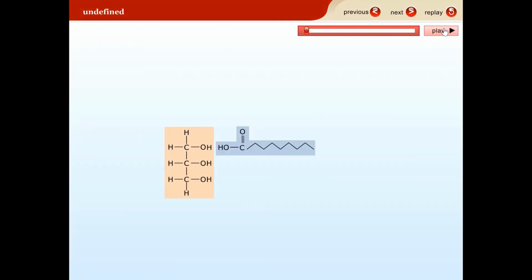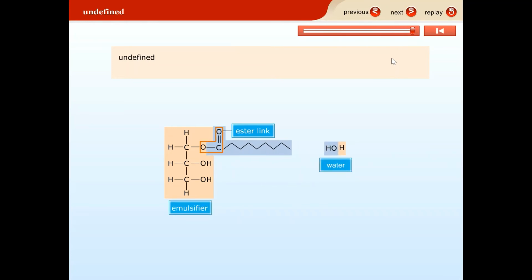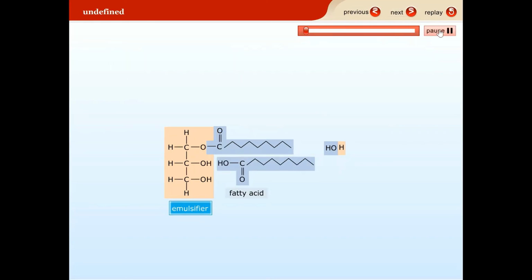An emulsifier can be formed by reacting one or two fatty acid molecules with one molecule of glycerol in a condensation reaction. This will form one ester link plus a molecule of water. Another fatty acid can be attached to form another ester link plus a molecule of water.